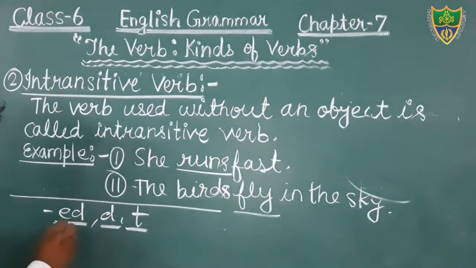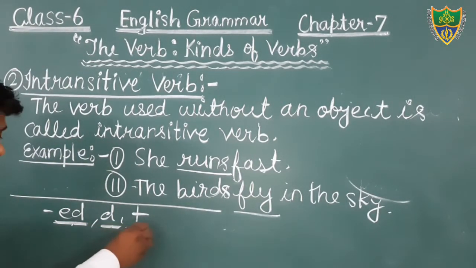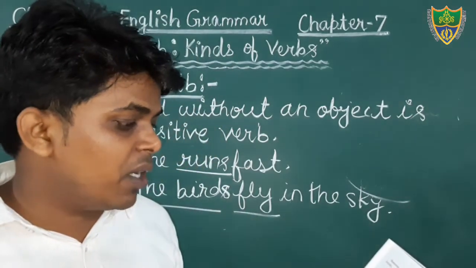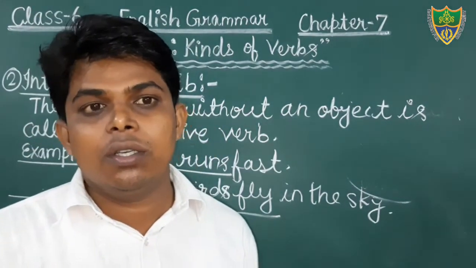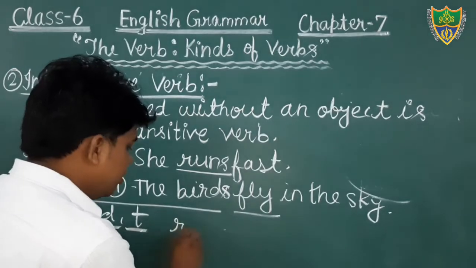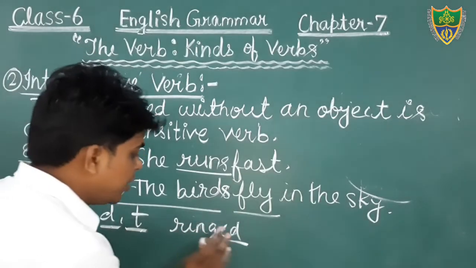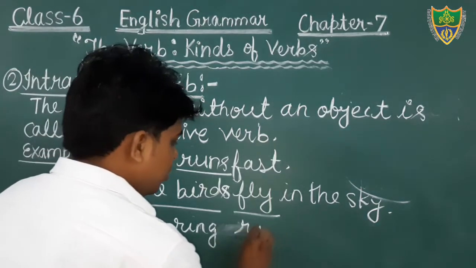Where we do not add ed, d, t to make the past form, then that would be the strong verb. For example, we can see ring. We cannot say ringed, that is wrong. There would be the past form rang.